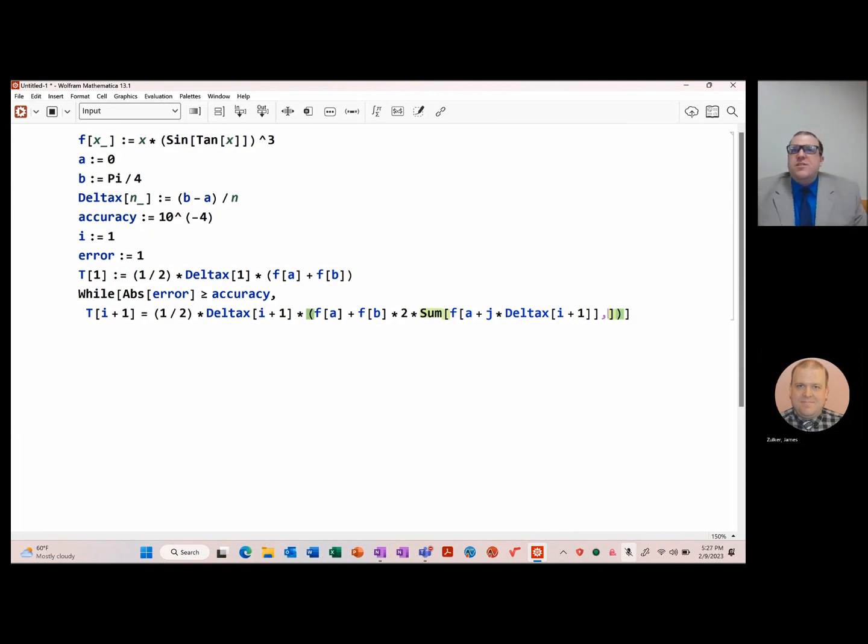And so that's the term of the summation. Now I just need to tell it what is the summation index. In our case, it's j, right? Where does it start? 1. And where is it going to end? At i.